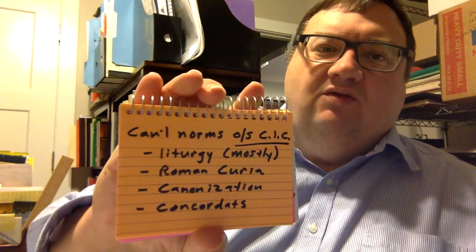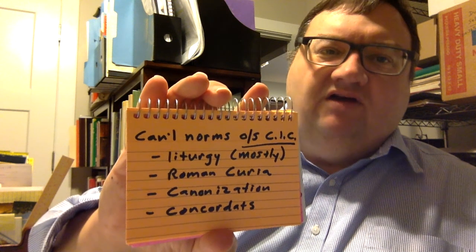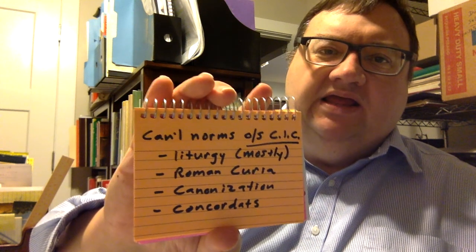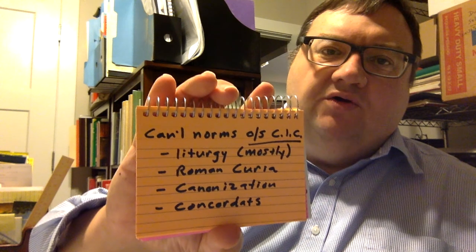When we say canon law, or we say what's canonical and what's not canonical, some people are going to mean just what is contained in the Code of Canon Law, and sometimes people are going to mean all of church laws. We will tend to have the broader understanding, and to reinforce that, we want to remind ourselves that there are very important areas of law that are outside of the code.